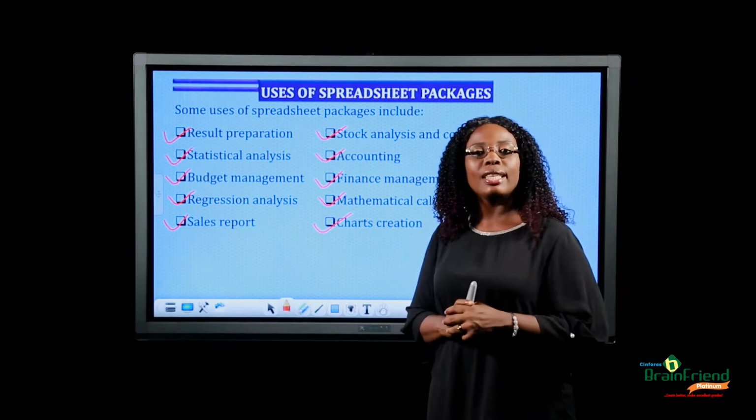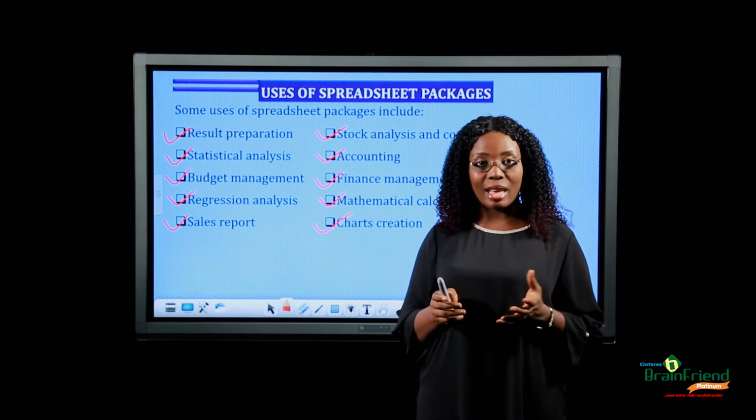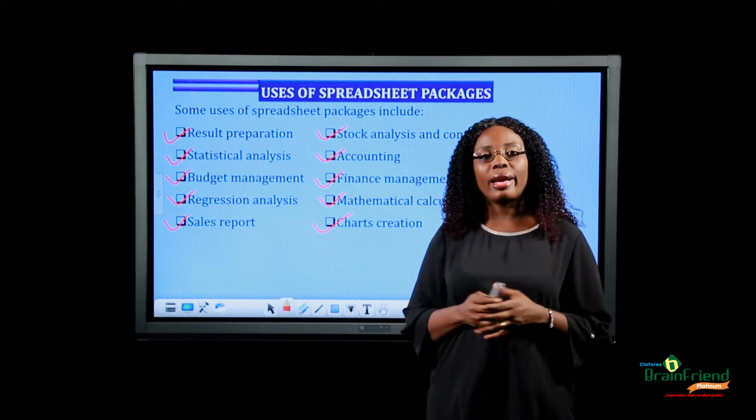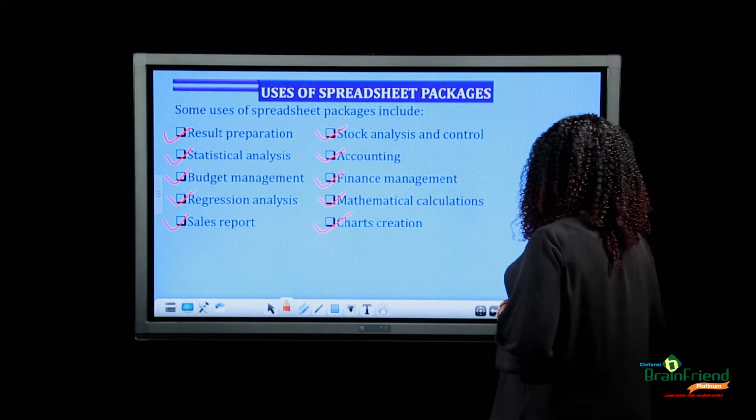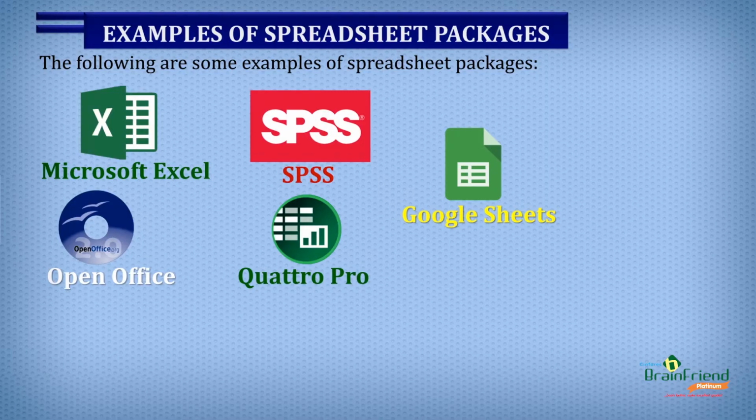We'll proceed in this lesson by looking at some examples of spreadsheet packages. These are some examples of spreadsheet packages. We have Microsoft Excel, we have IBM SPSS, we have Google Sheets, we have Quattro Pro, and we also have OpenOffice.